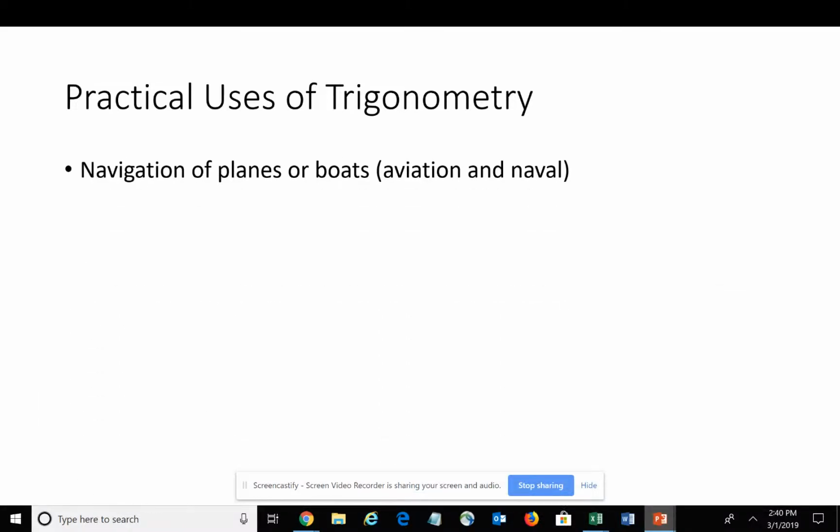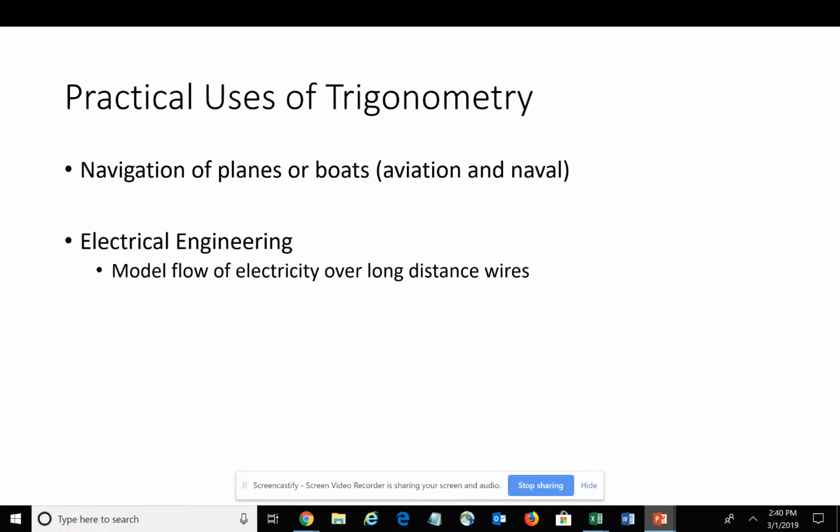Obviously, navigation was one of the primary uses for the Greeks, how to navigate by the stars using astronomy. Electrical engineering. Electrical engineers can model the flow of electricity along the power lines using trigonometry, and also they can model the voltage that's flowing through those long distance wires.